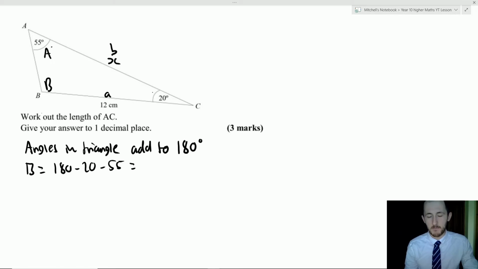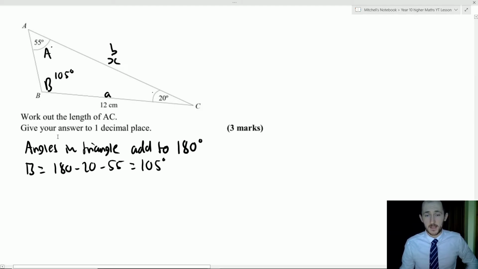So 180 minus 75, which is 105 degrees. If you want, you can add it to your diagram if it helps you visualize. But now we're just looking for the opposite side. We've done this 1,000 times already today. Well, about 5, but you know. So that should be A-OK.